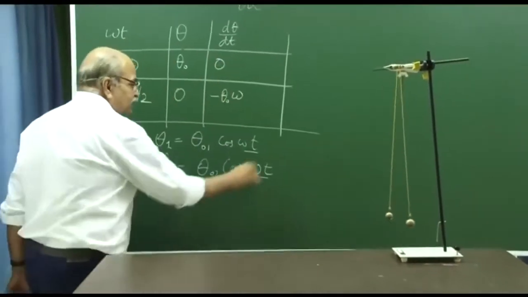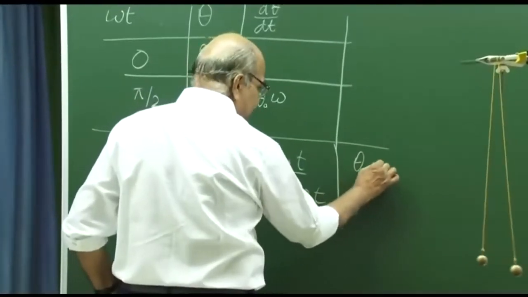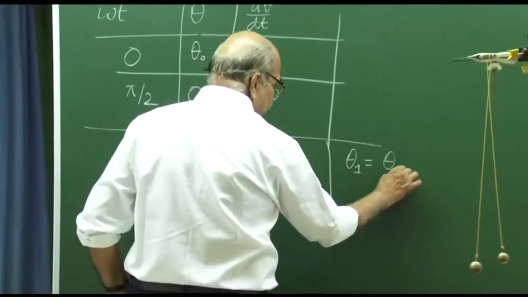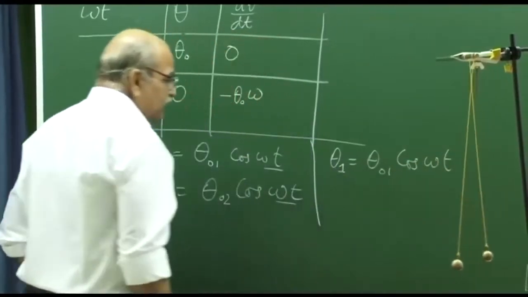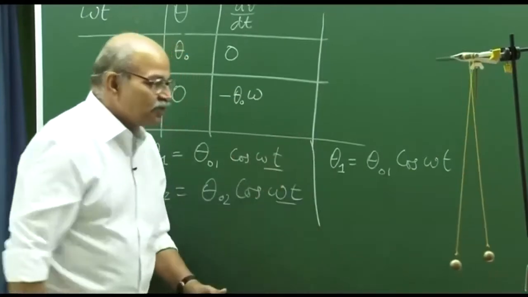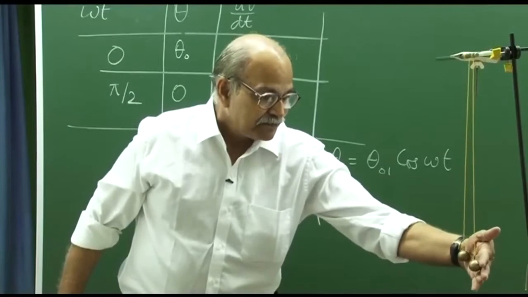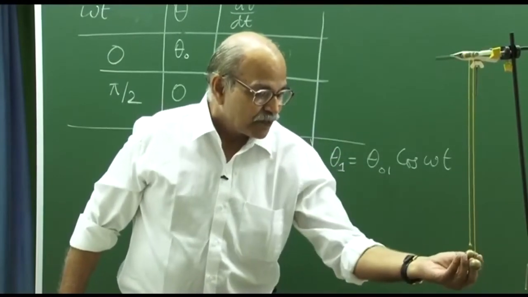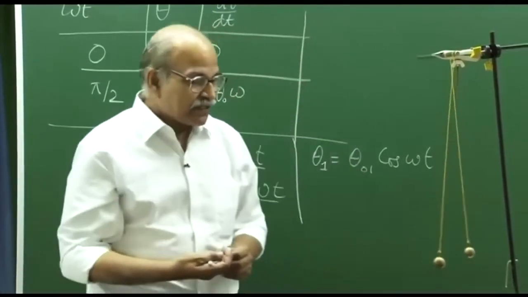So if I still say that my first pendulum, the front pendulum, is given by some amplitude cos omega t, and with the same t equal to 0, the same theta equal to 0, if I want to describe the rear pendulum, what happens?